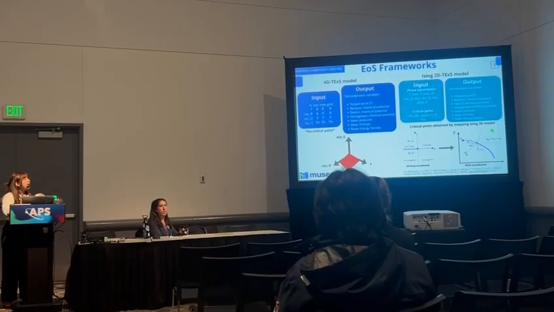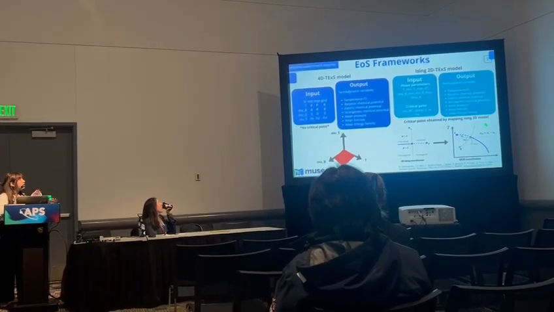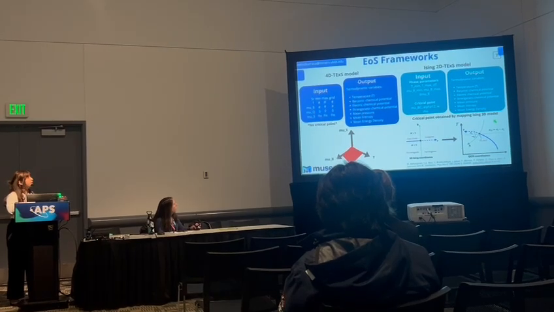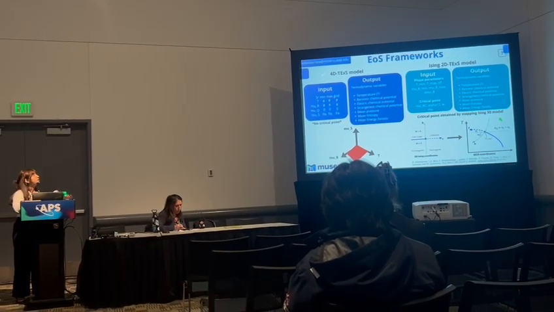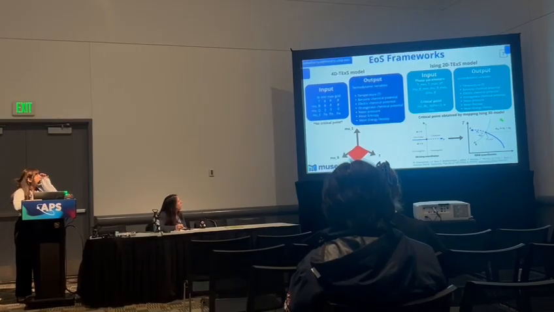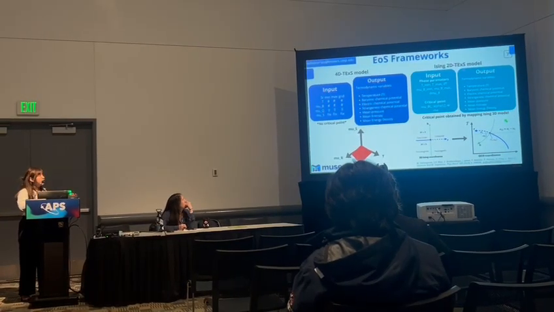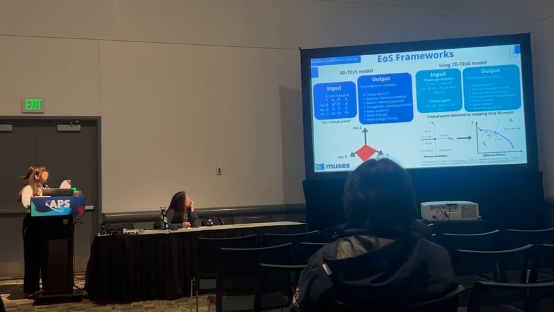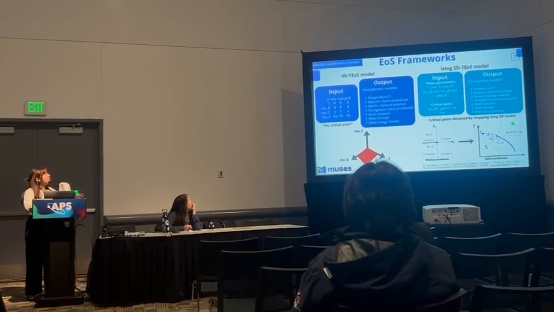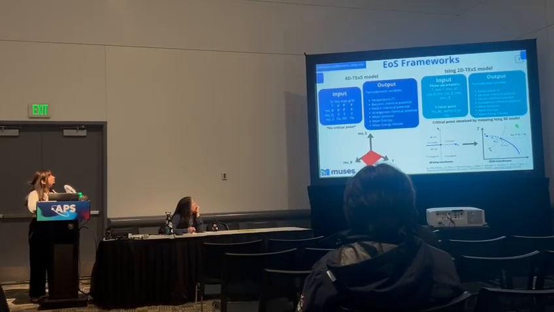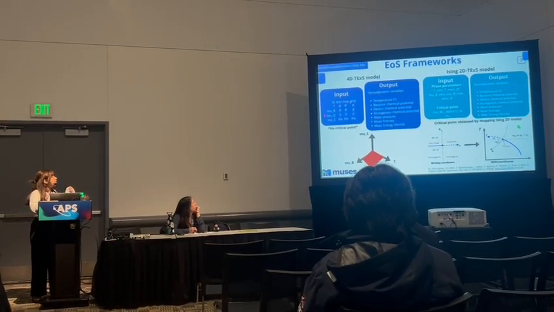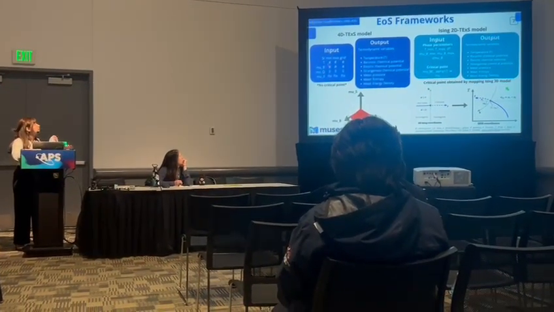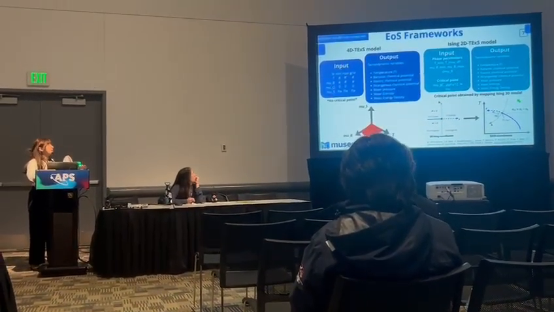As part of my research, I study and run simulations of these two different frameworks. I have the four-dimensional Taylor expansion model and the Ising two-dimensional Taylor expansion model. For the input, I use different parameters: temperature, not going beyond 500 MeV, baryonic chemical potential, electric chemical potential, and strangeness chemical potential.